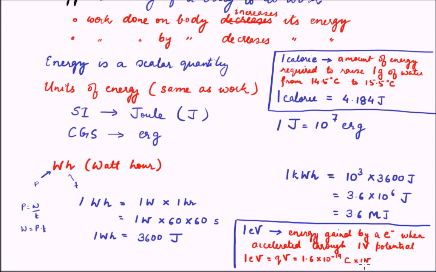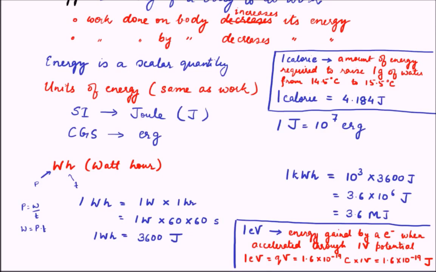Coulomb and volt are the SI units, so the resultant 1.6 into 10 to the power minus 19 is the SI unit equivalent work. That is, it should be 1.6 into 10 to the power minus 19 joules. Therefore 1 electron volt is this many joules.